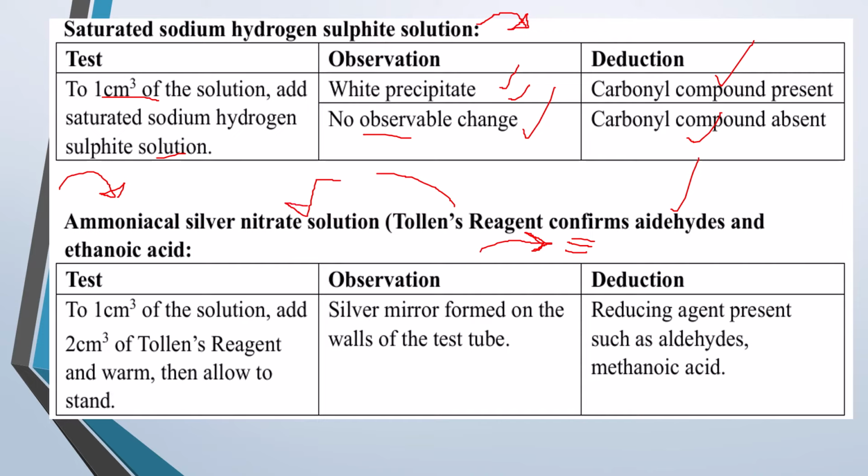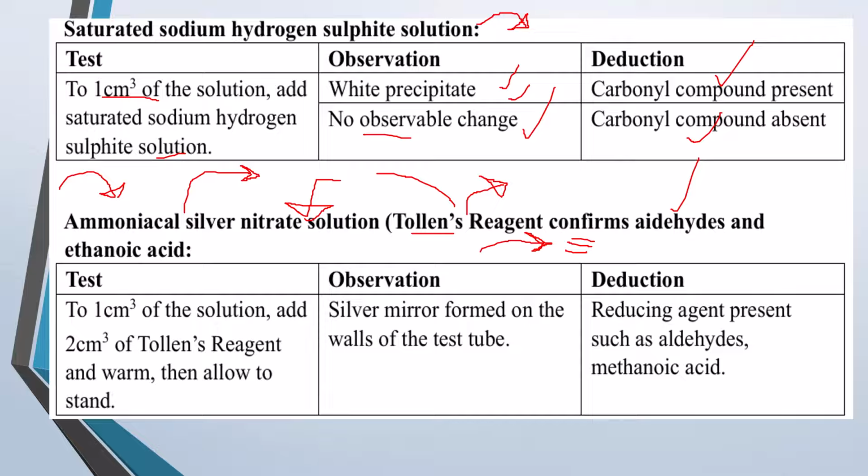Now let me make something clear here. When you're writing practicals, it's okay to write Tollens reagent. When you come to theory papers, these become nicknames. You are not supposed to write them anywhere. Instead, you are supposed to give the appropriate chemical names for those nicknames.